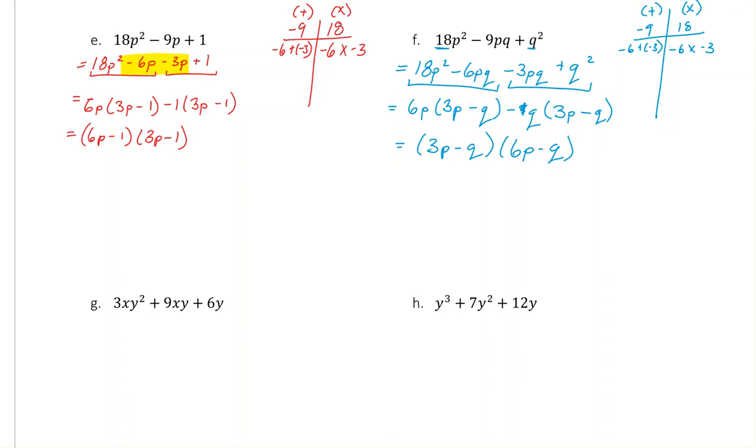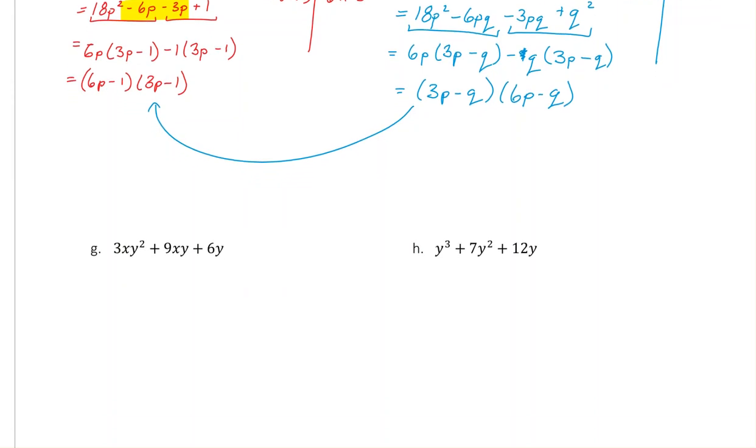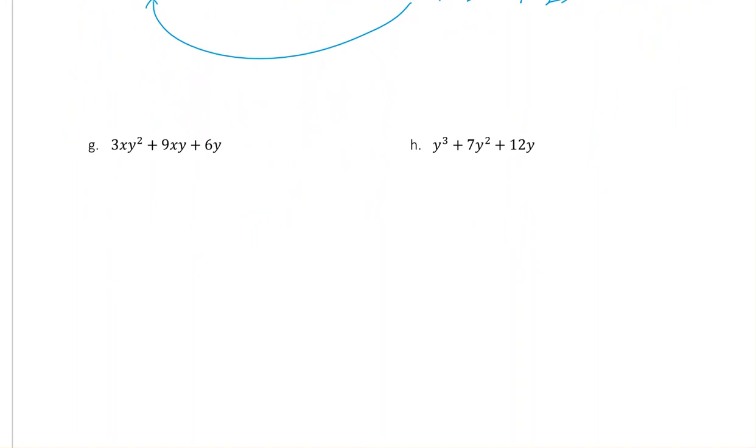And that is very similar to what we see here. The only difference you notice is they're in a different order, and that's alright. Still the same problem. And our terms are not -1, they're minus q because we had a multivariable problem.